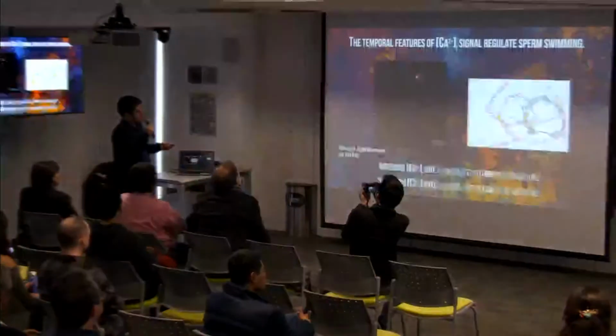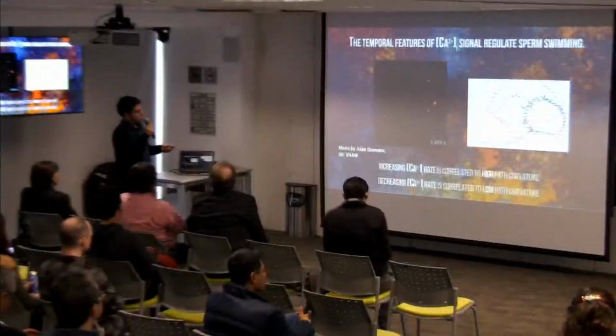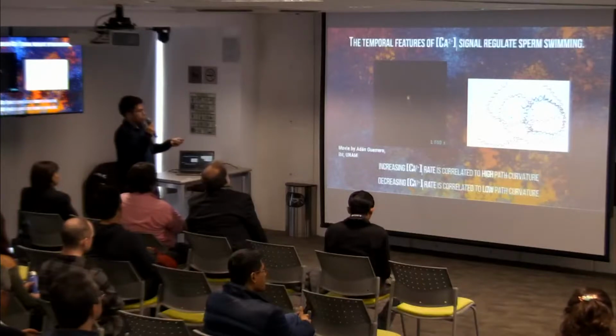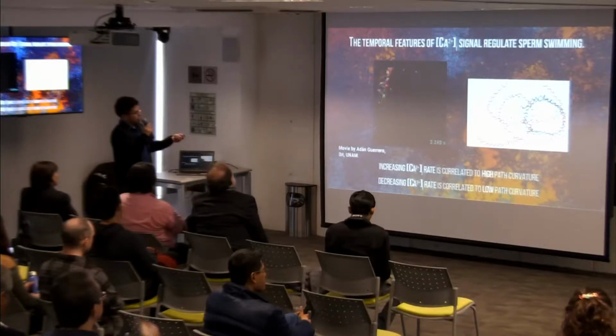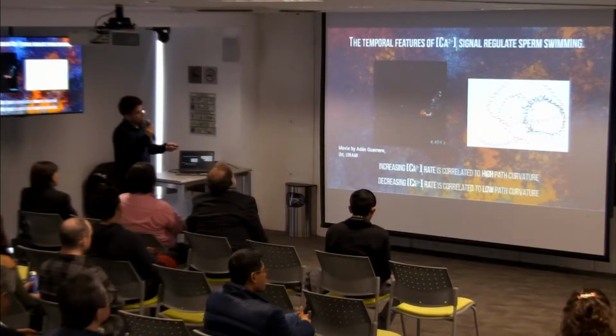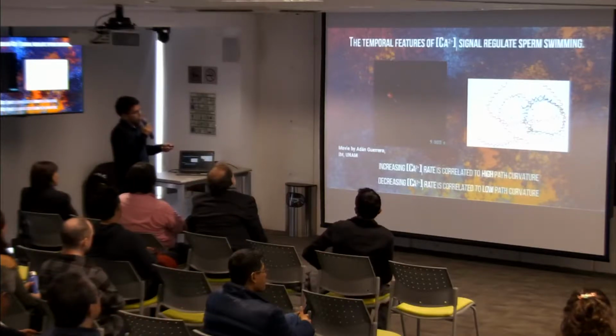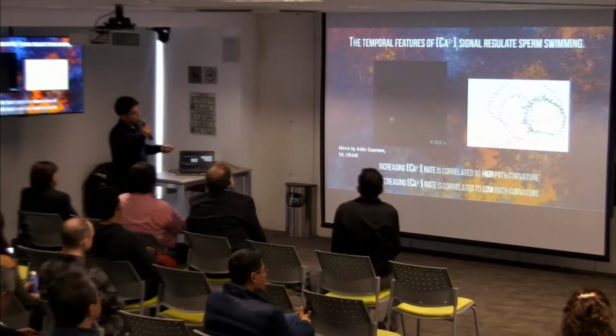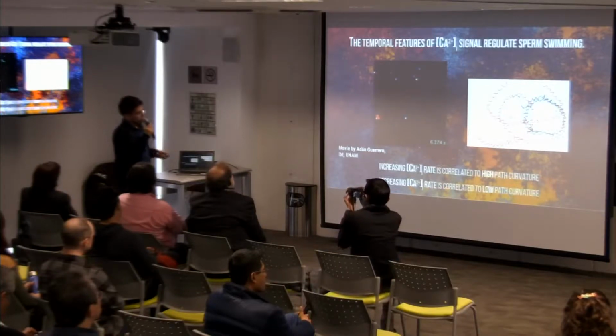Sorry, I have to reproduce it again. This is a sperm swimming around, then it becomes stimulated, and you will see a signal of red. This is by means of a fluorescent reporter that binds calcium. As you can see, every time there is an acute turn, the signal of calcium increases.